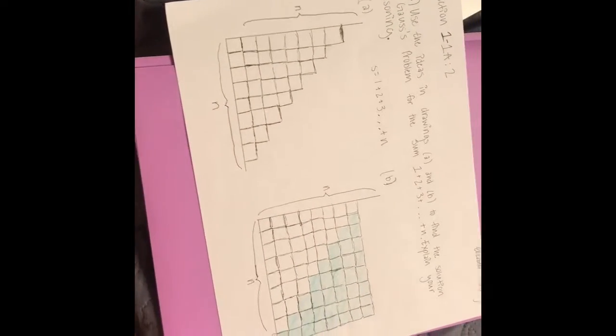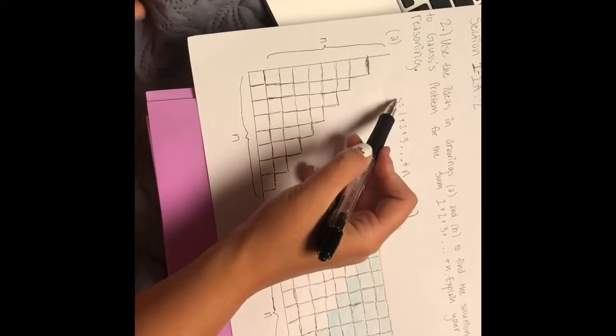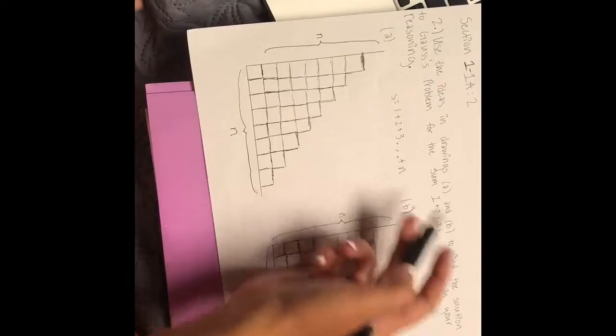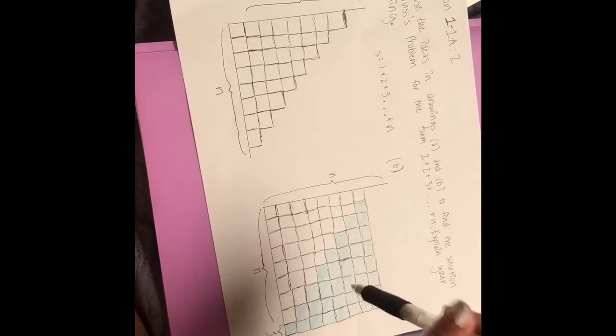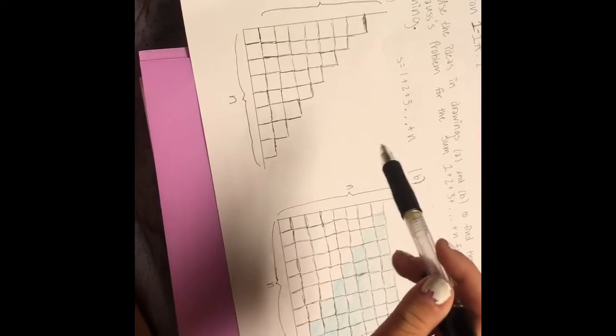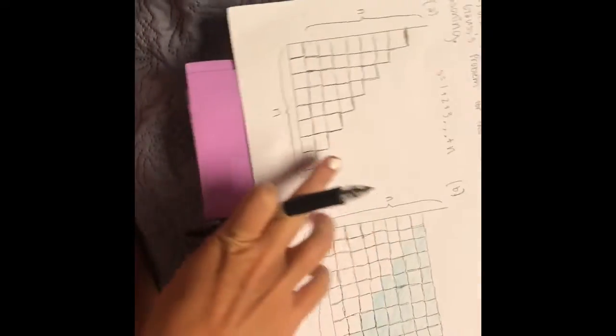For that reason, I put the sum equals 1 plus 2 plus 3, and so on until n. After that, looking at figure B, I realized there are twice as many blocks in figure B as there are in figure A.